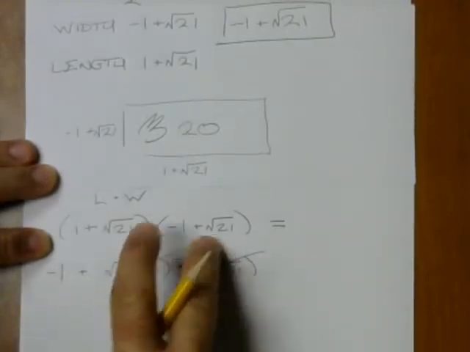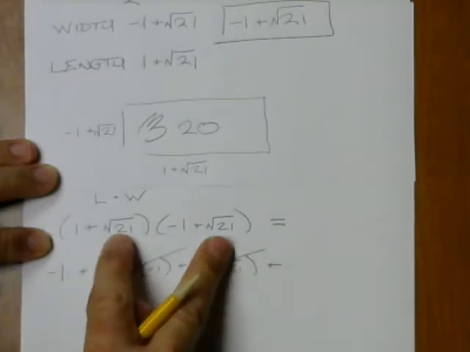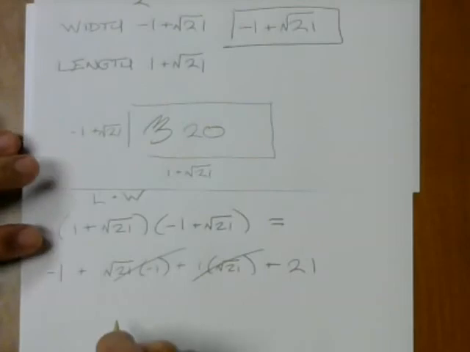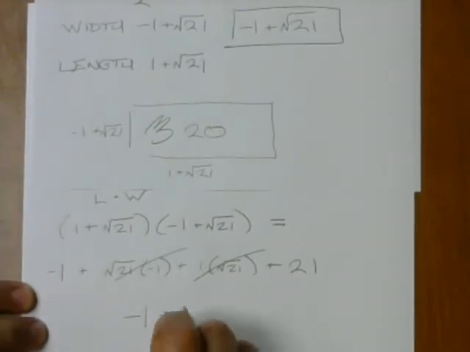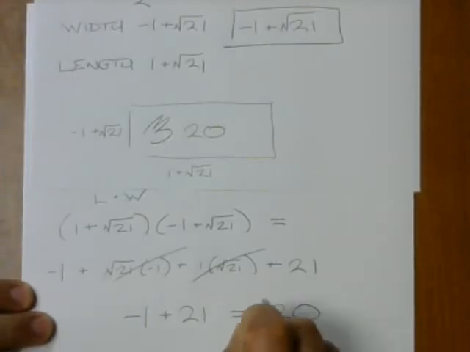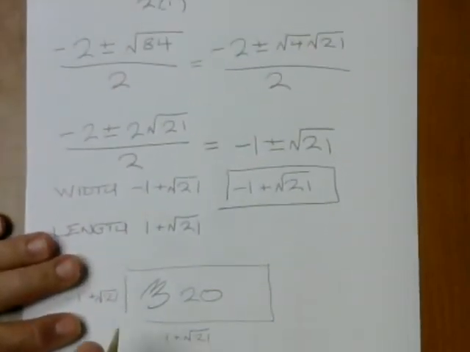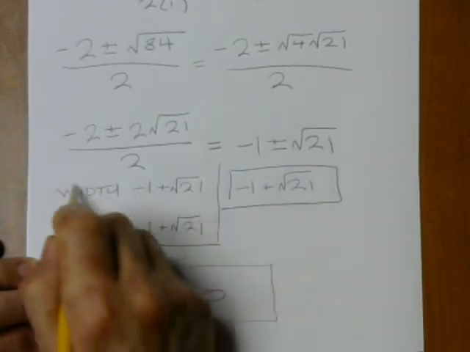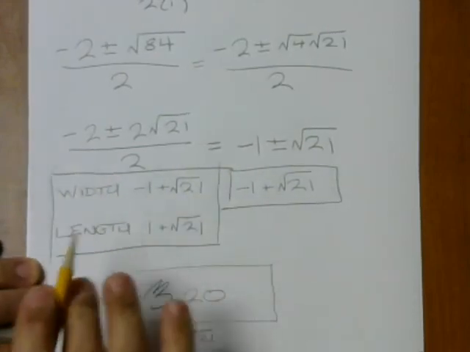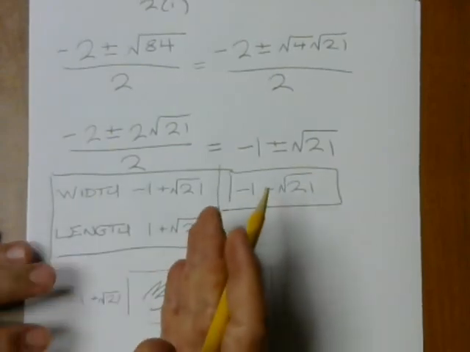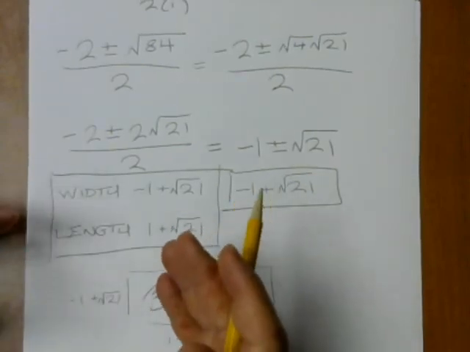And then finally, I get plus the root of 21 squared, which is 21. Minus 1 plus 21 gives me 20. So that is me checking this answer, and we know now that our dimensions are correct. That is what gives me the area that we needed. So that's an example of using the quadratic formula to solve a word problem.